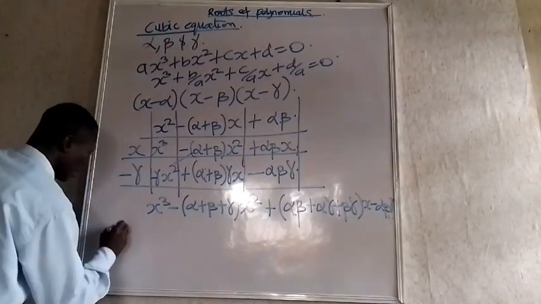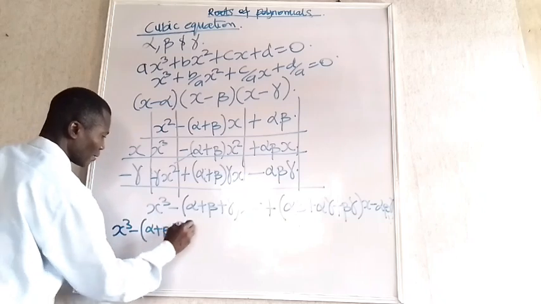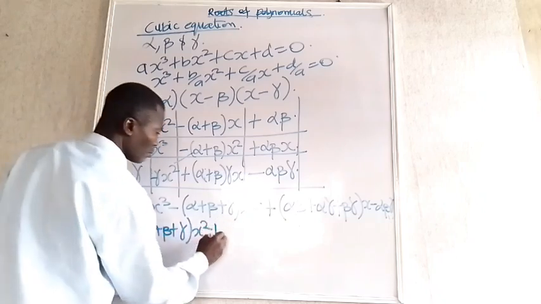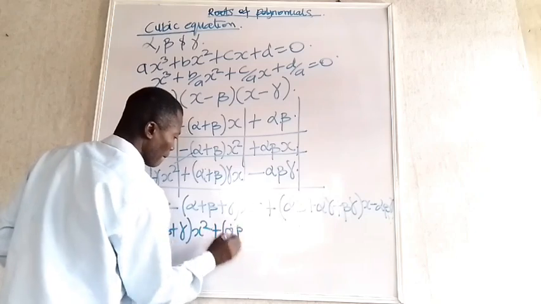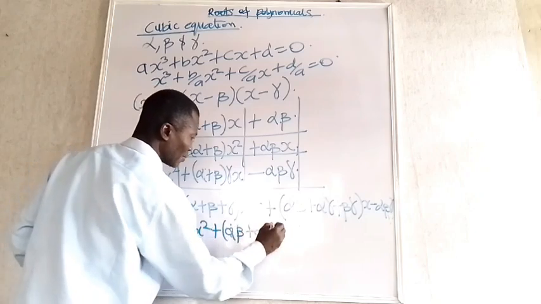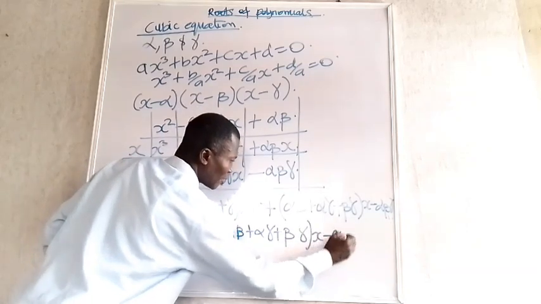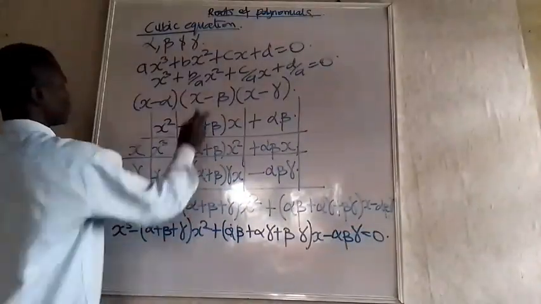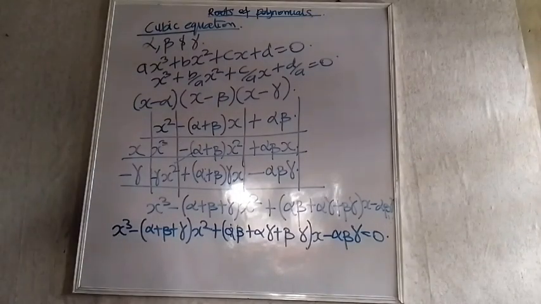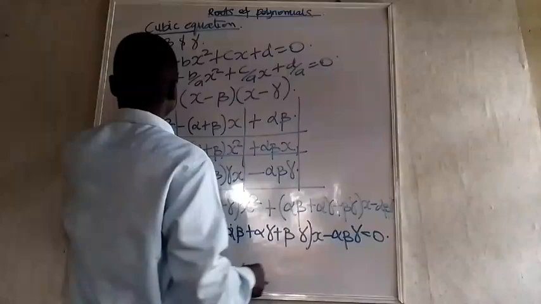So let me write it out clearly. It's going to be x cubed minus alpha plus beta plus gamma x squared plus alpha beta plus alpha gamma plus beta gamma x minus alpha beta gamma. So this will be equal to this. Now let's do some equivalence. This one is equal to 0 and this one also is equal to 0.